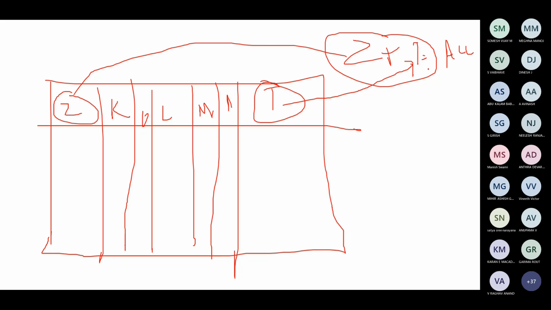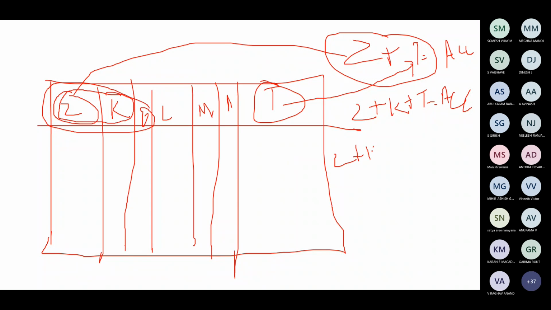Then you take Z and K, Z plus K features, combine with the target variable and take the accuracy. Then you take the Z, K, O features with the target variable and find the accuracy.